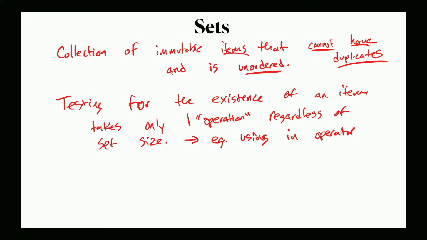Your items are not guaranteed to be in any order. So you'd use the in operator to test, is some item contained in this set? And what's beautiful is that's instantaneous. It's one operation. It's effectively equivalent to checking, is index 0 of some list equal to something else? It's just about the same, for our purposes, set of operations under the hood that need to happen in order to pull that off.